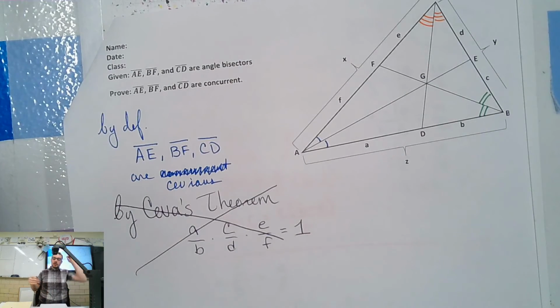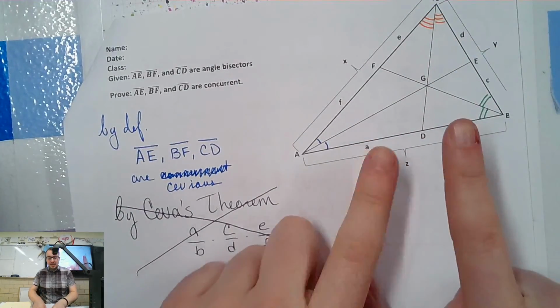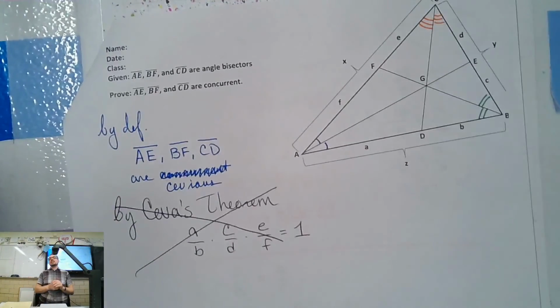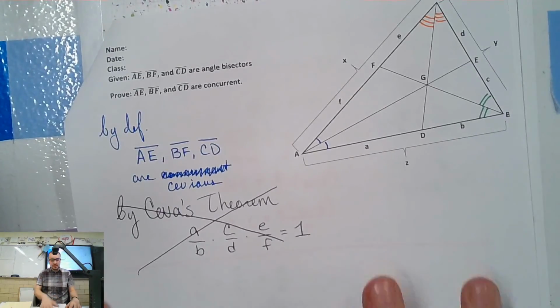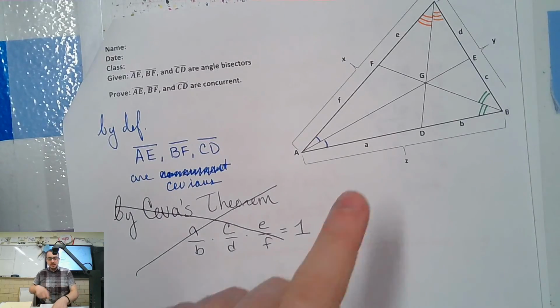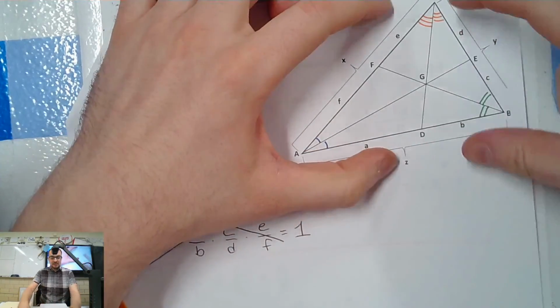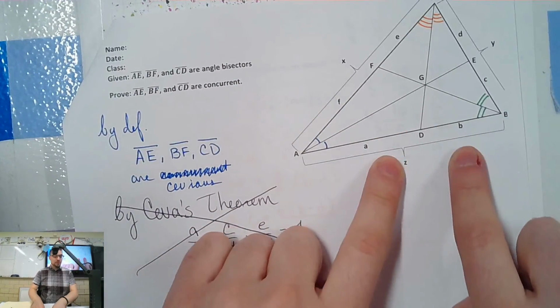All right. So what we're going to do is use that property with the same heights to get their areas all similar. And that's going to prove that A over B, C over D, E over F equals 1, and then by Ceva's theorem converse, they must be concurrent, right? If you want, for self-development for Monday, if you can get this done before Monday hits, I'll give you some self-development points. Generally, this is the concept. We're going to use that these guys have the same height, and these guys have the same height, to say their areas are proportional to their bases.